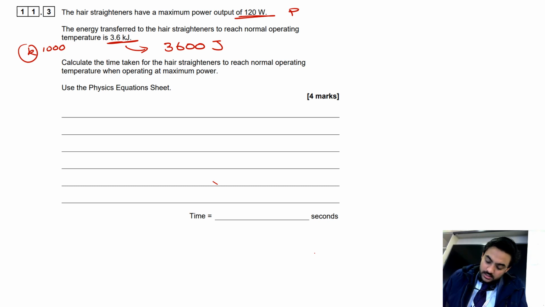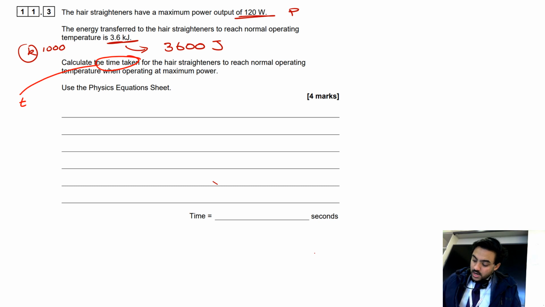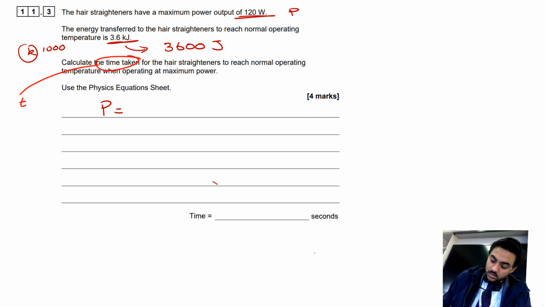So we're asked to calculate time for the hair straighteners to reach normal operating temperature when operating at maximum power. You have to use your physics equation sheet. We don't really have to, because we've come across this equation before, even in this exam. The equation is power is equal to energy transferred over time taken.